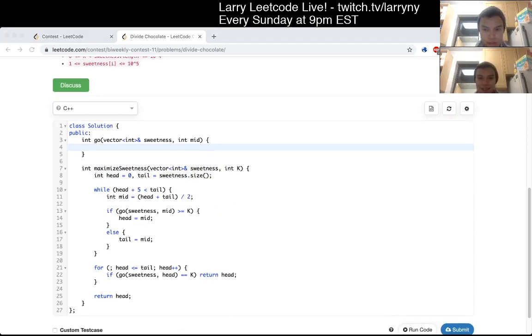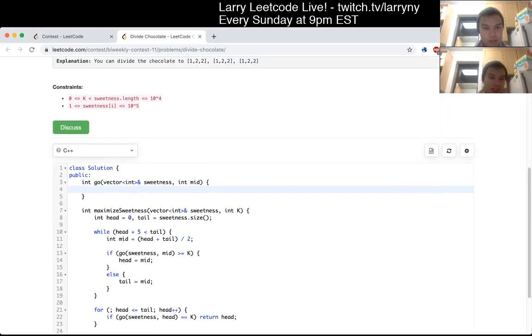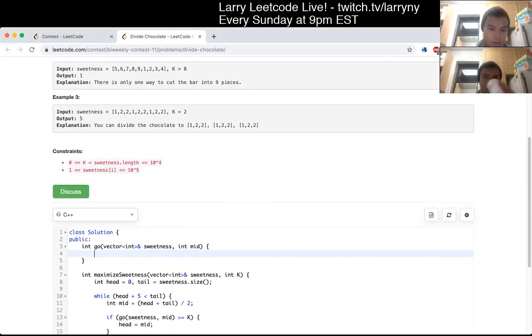Yeah, and now that's the binary search part, and now I'm writing the greedy part. That part is straightforward.